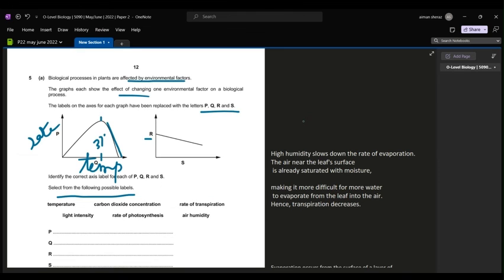Because the air near the leaf surface is already saturated with moisture. That means there are already more water vapors. That's what humid air means. So if there's only humid air present around the leaf, we cannot expect the water to go from inside the leaf to outside by evaporation. So transpiration will decrease. So R should be the rate of transpiration and S again is air humidity.